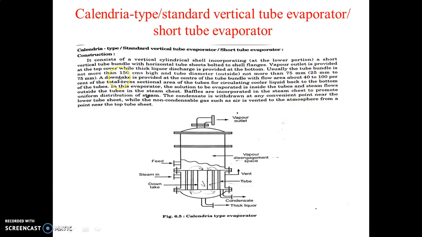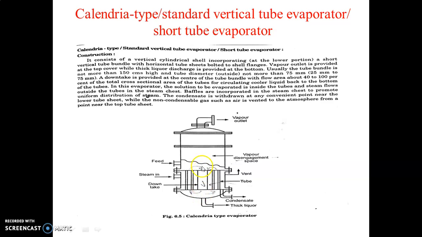The tube bundle has a height of up to 150 centimeter, and the tube diameter should not be more than 75 millimeter. These are the limitations for these evaporators. There is a downtake provided at the center of the tube bundle with a flow area of about 40 to 100% of the total cross-sectional area of the tube.